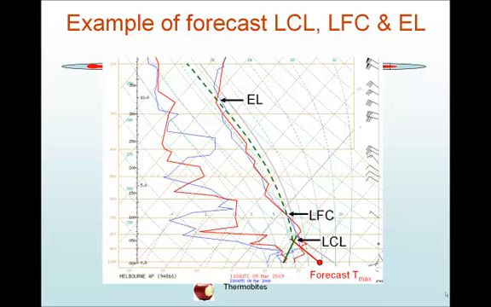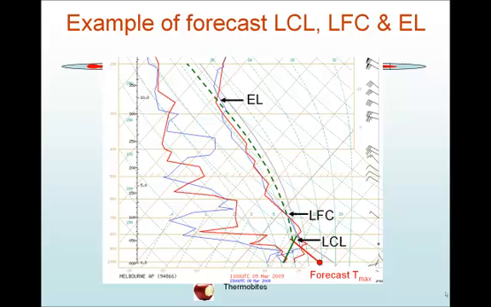Here's an example of an LCL, LFC and equilibrium level. So for the given forecast maximum temperature and the surface mixing ratio, you can see the LCL, lifting condensation level, occurs to the left of the temperature profile.